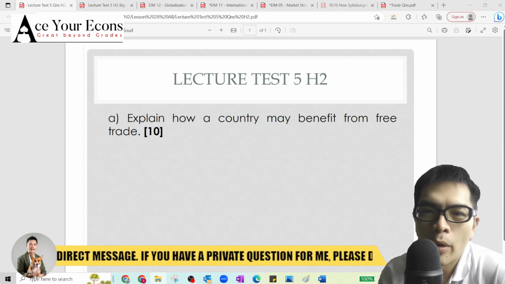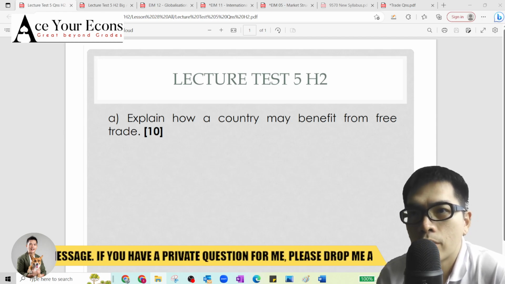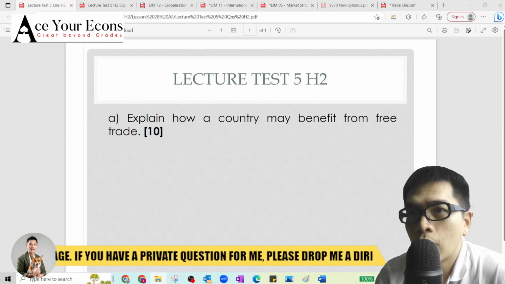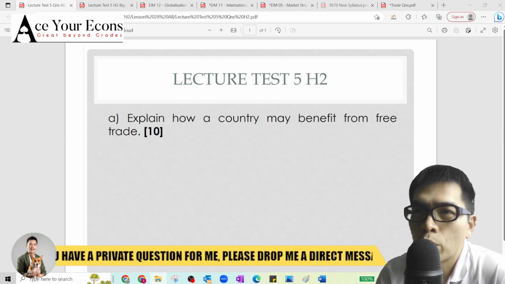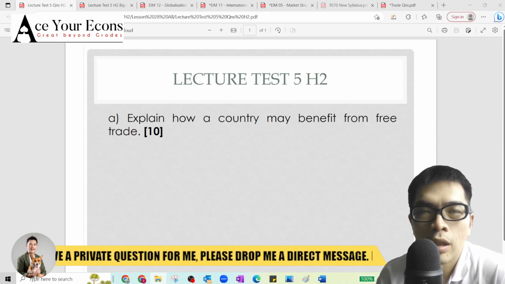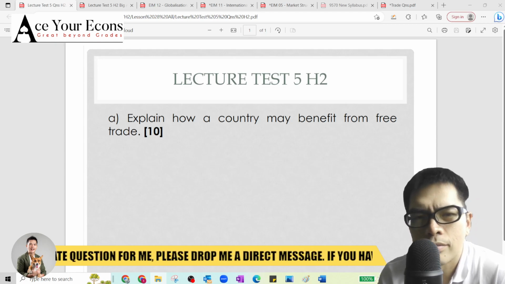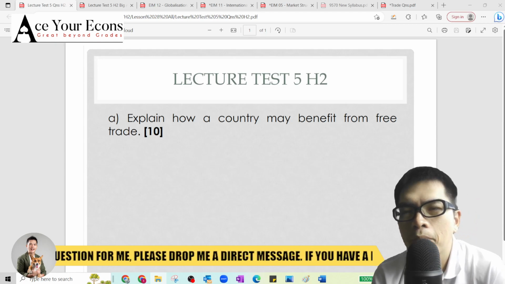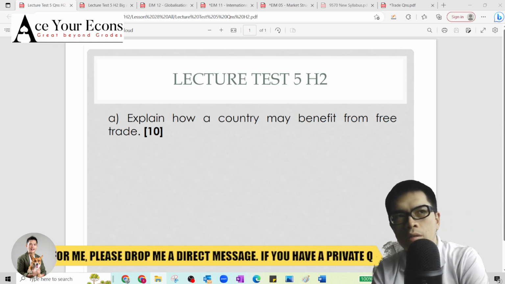Or how many points do you think you should bring? Three, wrote two. So do we have a standardized answer? For everyone who has tried, how many points have you brought? Three.